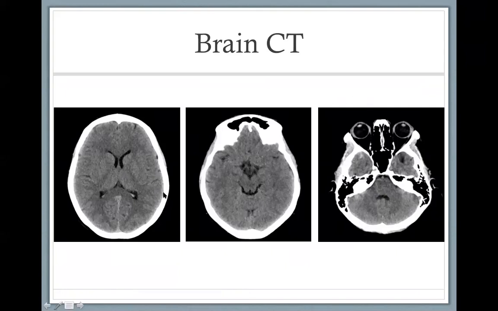Now, these images are taken from the top. This is about midway at the level of the lateral ventricles, and this is towards the base of the skull. Here we can see the lateral ventricles. This is the normal size in an adult. They appear low attenuation because they are filled with fluid.